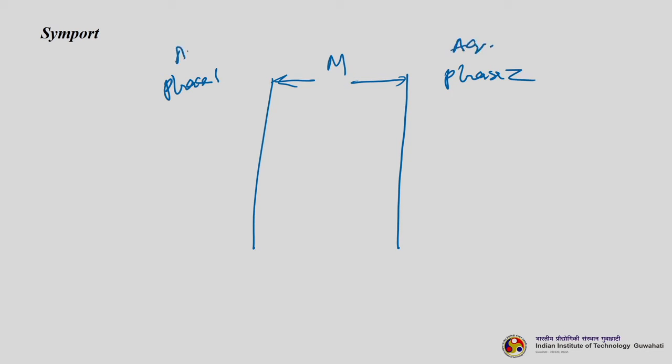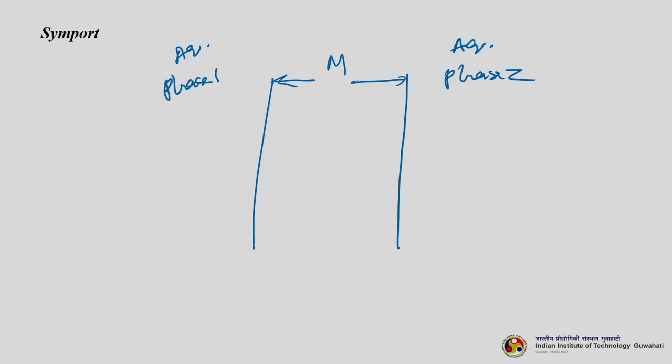So, I will try to draw a schematic. Okay. So, let us say this is the membrane, right, and this is aqueous phase 1, and here I have phase 2, we can say aqueous phase, of course, right, and we will talk about how the cation transport is happening in a symport.